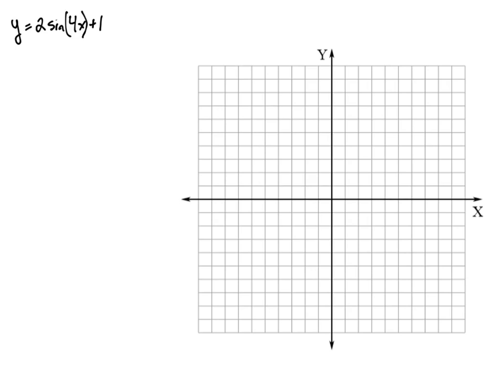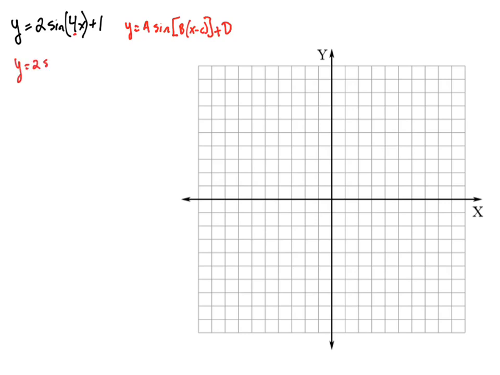So we want to write this in the standard form. The standard form is y is equal to a sine b x minus c plus d. Okay, so anytime we have a coefficient on x, we want to factor it out.